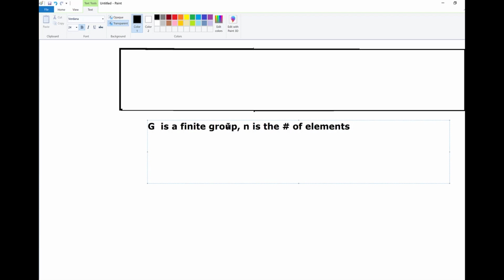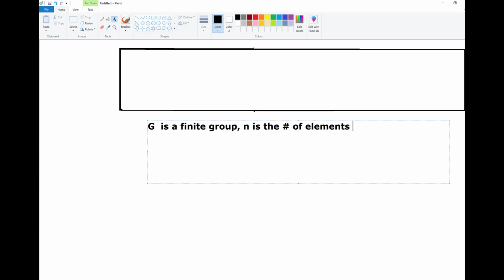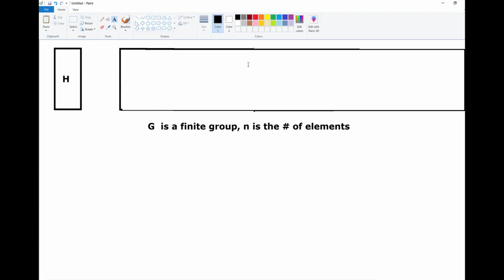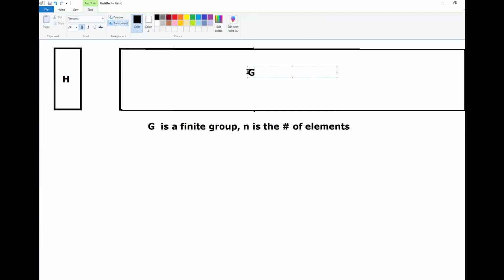Let's assume this enclosure denotes the underlying set of G, and I'm not putting dots for the elements. So there are n elements in here. Now let's let this be a subgroup of this group. Let's call this subgroup H, and our group is the group G.